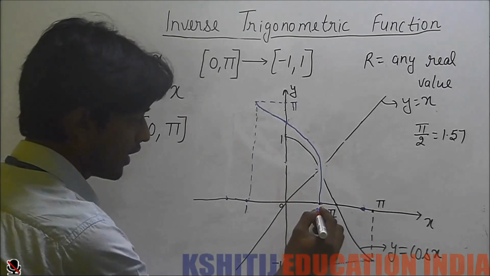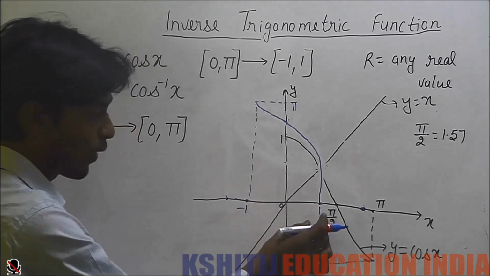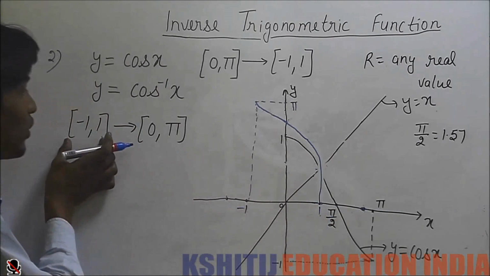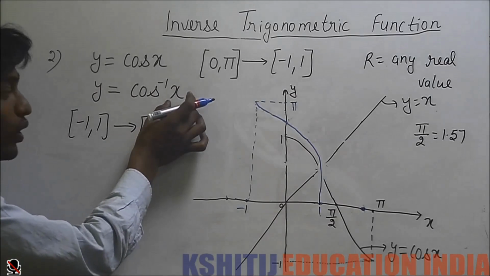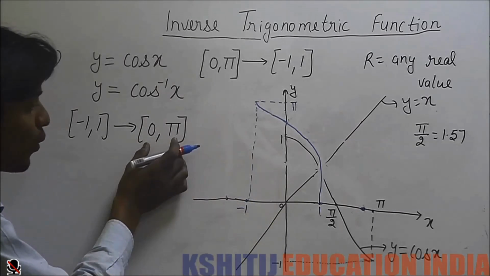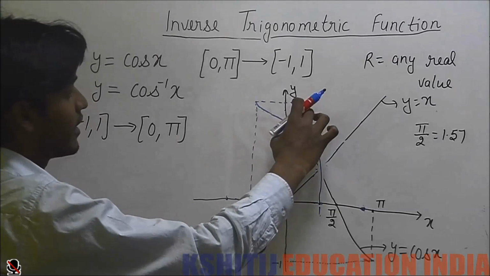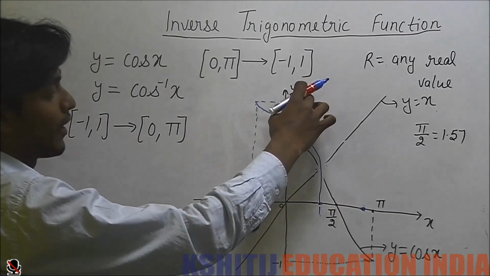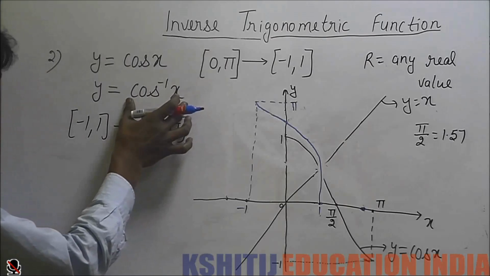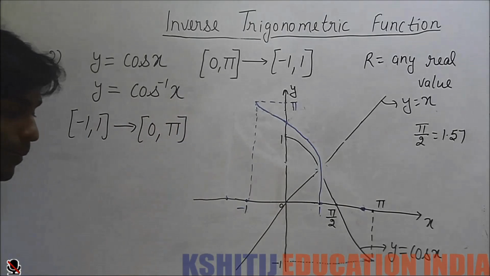It is the value of -1 to 1. We are getting the possible values of x in cos inverse x, and 0 to pi is the range of the given function cos inverse x. Okay, is it clear?